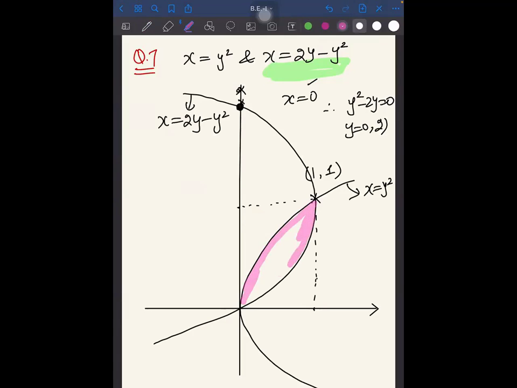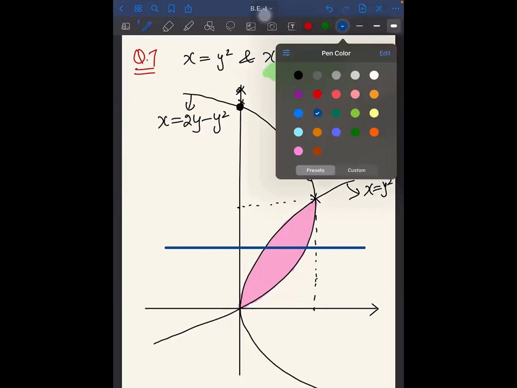Can you tell me what should be the limits of x and y? Here, let's say we put a horizontal line.